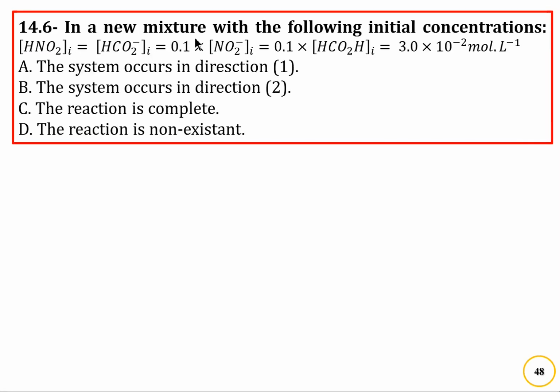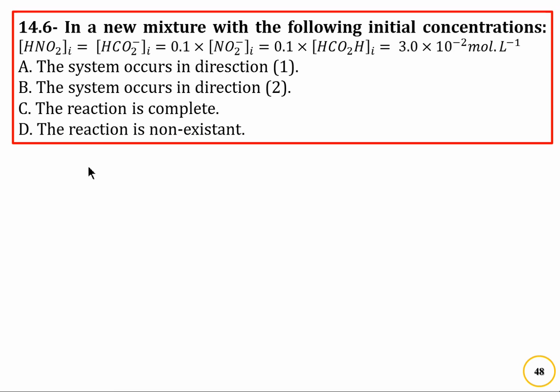2.6, we prepare new mixtures with the following initial concentrations. HNO2 equals HCOO minus equals 0.1, NO2 minus equals 0.1, HCOOH equals 3 times 10 to the minus 2, and we have several proposals.